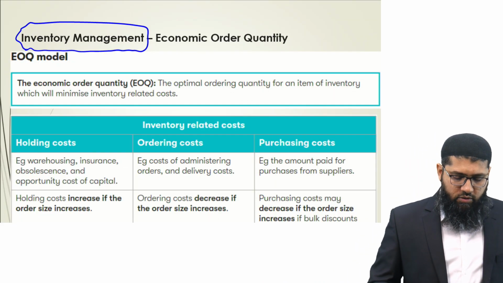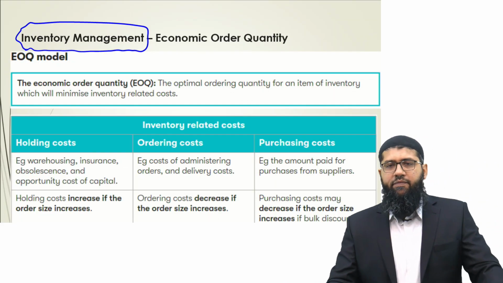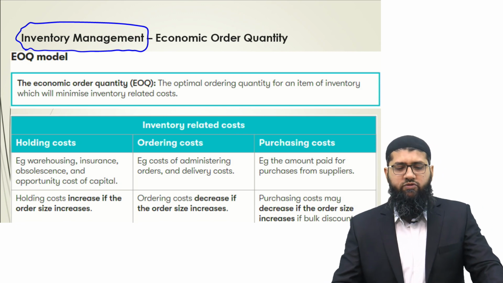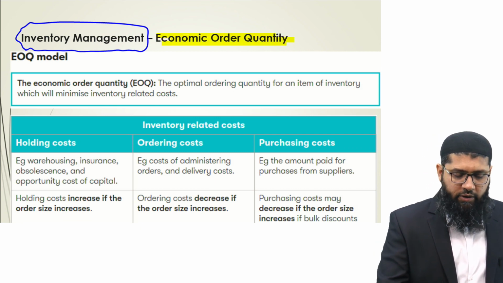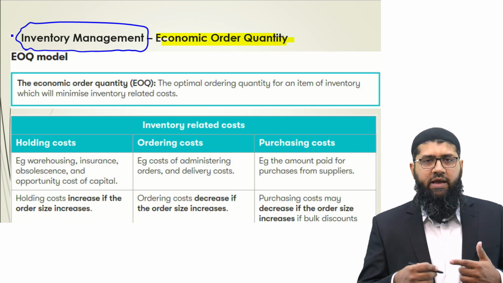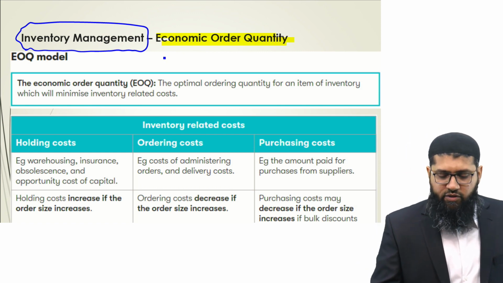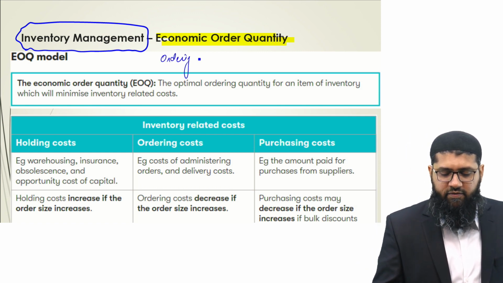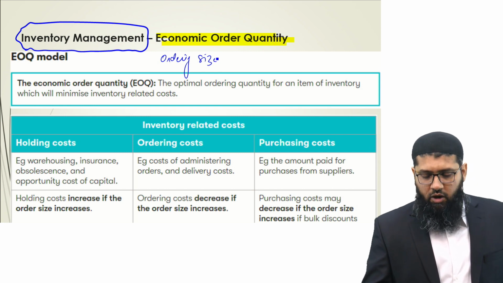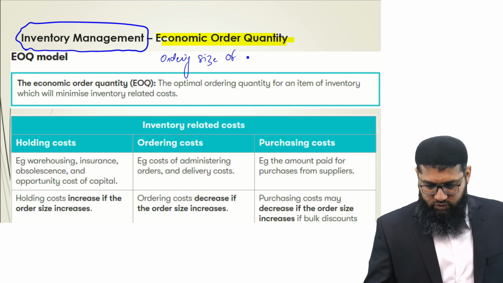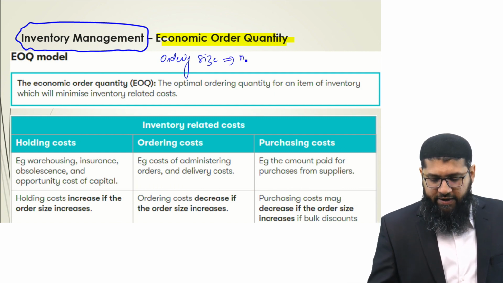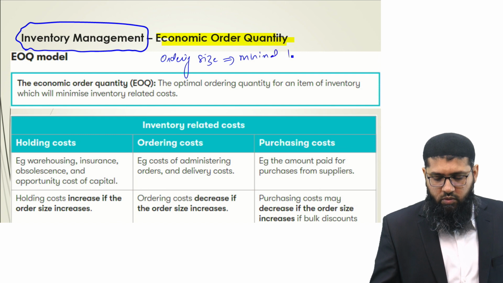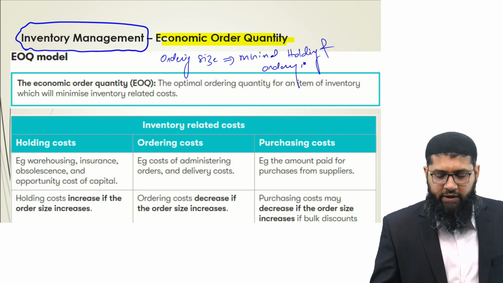So when we talk about inventory management, there is a very important concept called economic order quantity. Now what exactly do you mean by economic order quantity? The economic order quantity is one of the models that tells you the ordering size which would lead to minimal holding and ordering cost.